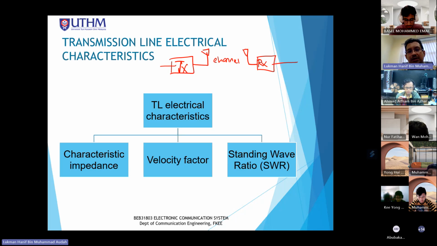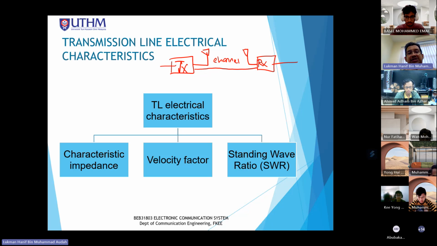We also have the wired transmission line. Basically, the transmission line explains about the medium or the channel that connects the transmitter and the receiver.